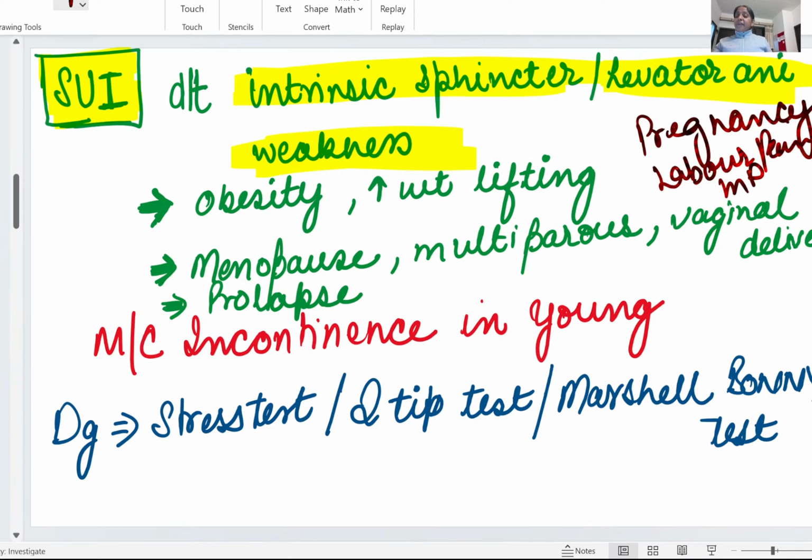What are the other factors which weaken the levator ani or the intrinsic sphincter? It is obesity. That is why we studied the factors earlier. Obesity, or the females who are doing weightlifting very vigorously. The weightlifters, that weakens the levator ani.